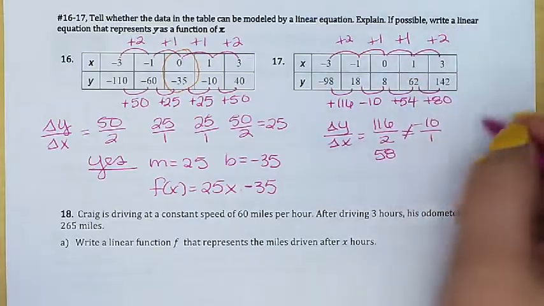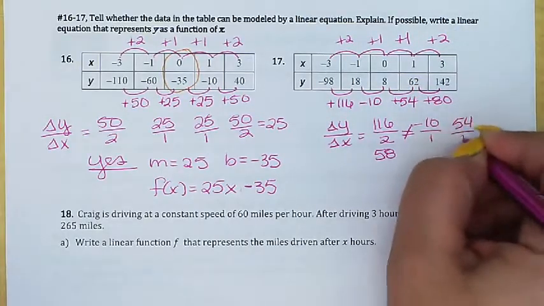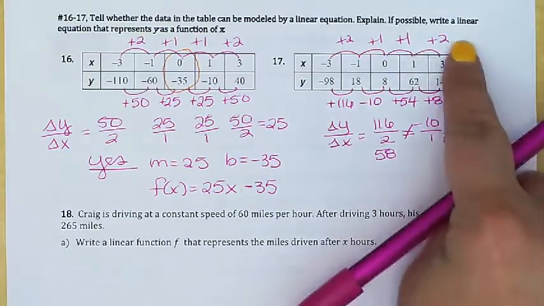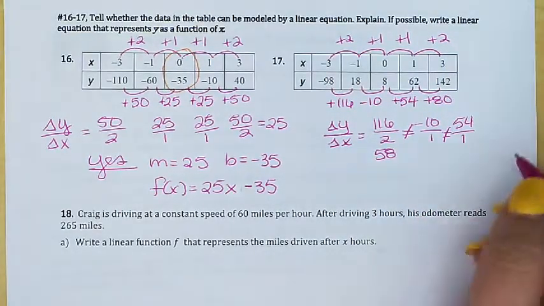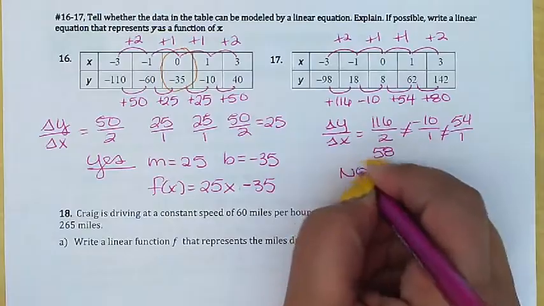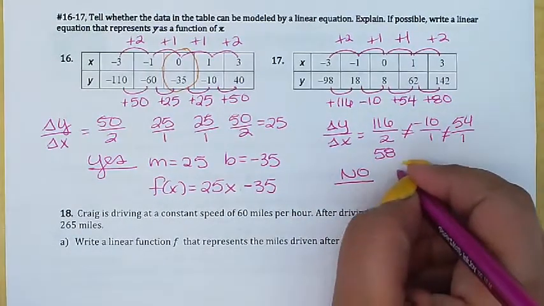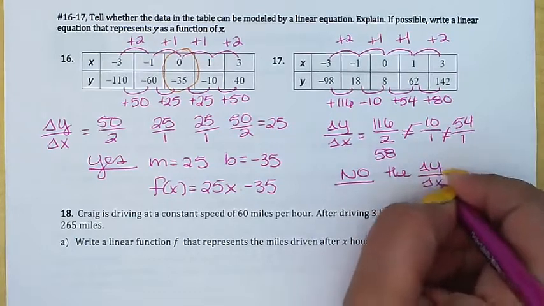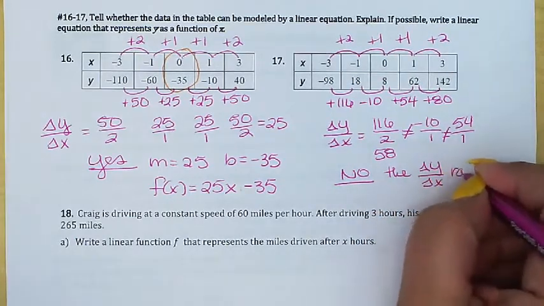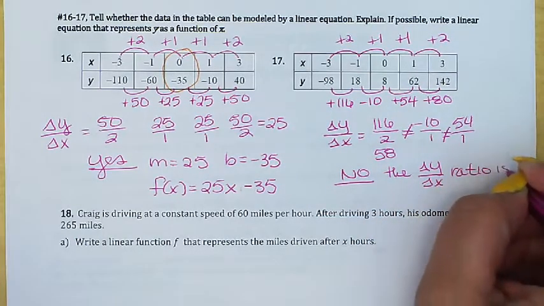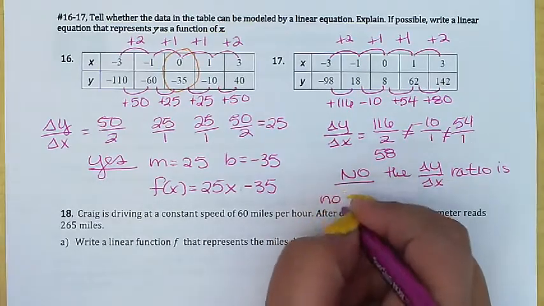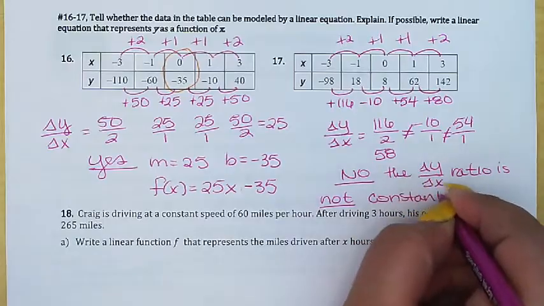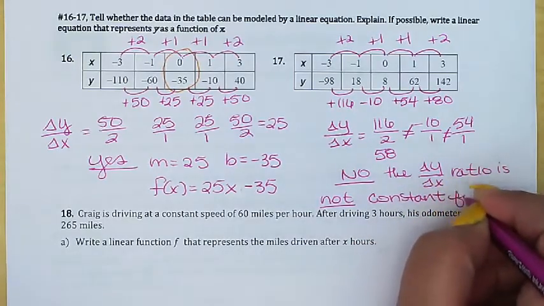And then I've got 54 over 1, which is also not equal to the other two. So I've got plenty of evidence already, and I could go on to the last one and get a 40 there, that the answer is no, right? The rate of change, the change in y over the change in x ratio, is not constant for all the points.